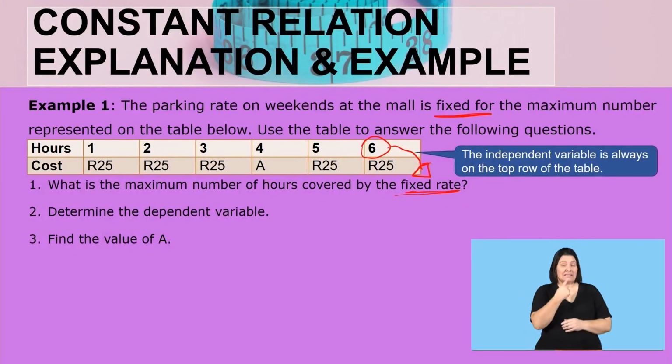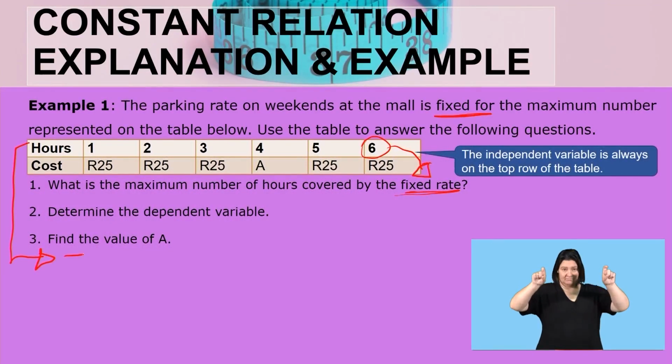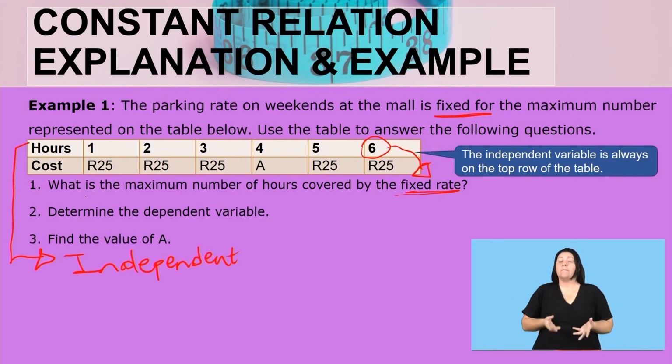Remember what I said. I said what you find on the top row is the independent variable, and what you find at the bottom row, at the lower row, is what is called the dependent variable. So our dependent variable is therefore the cost.